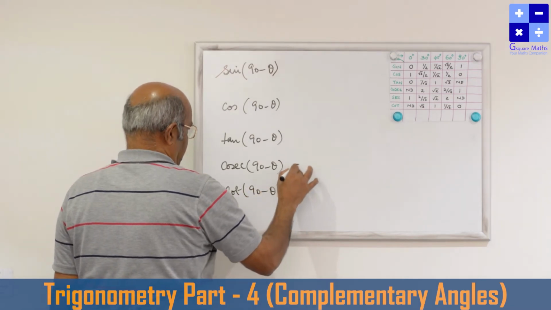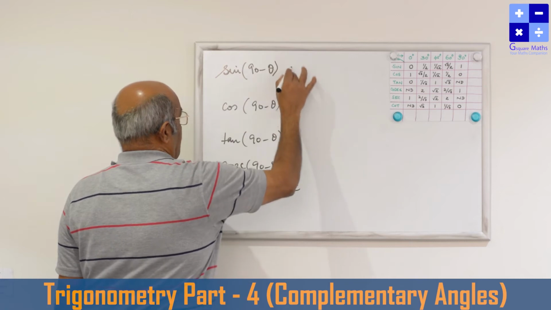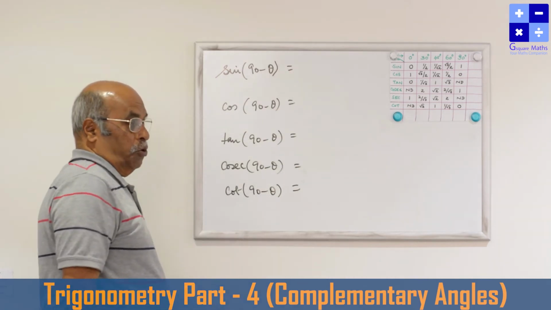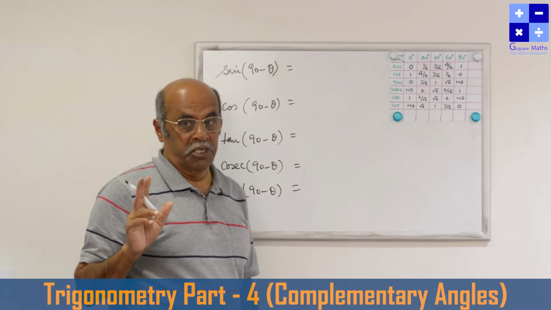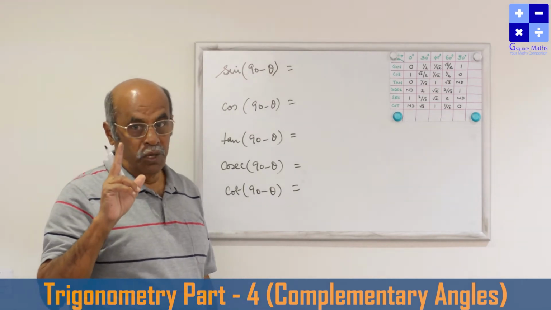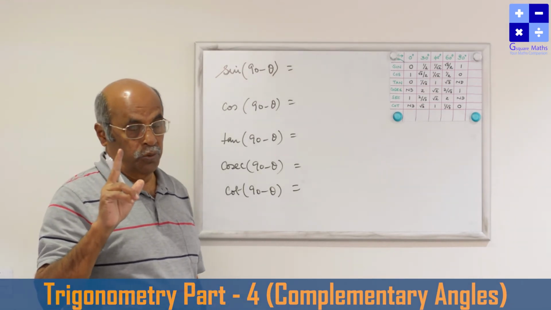This value we have to find out. I already told you that 3 trigonometric ratios start with the 2-letter word, that is CO, CO, CO.